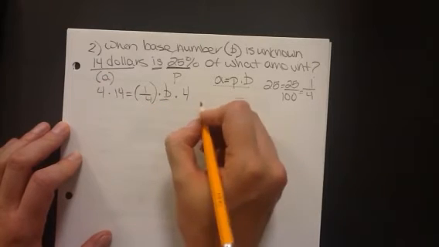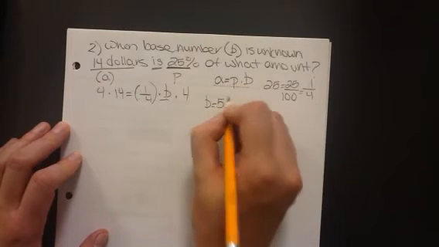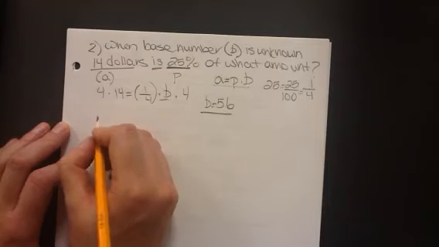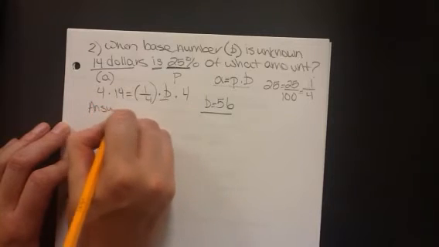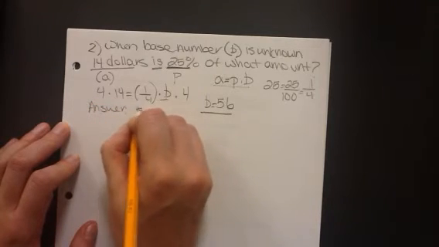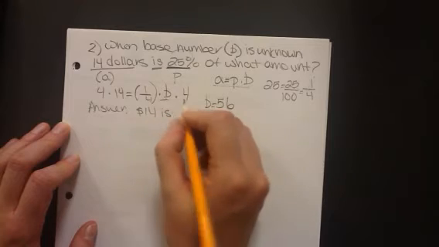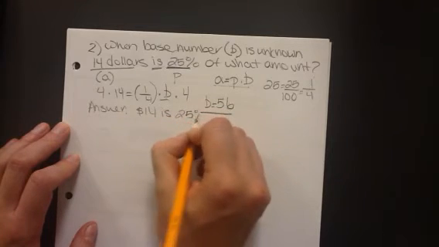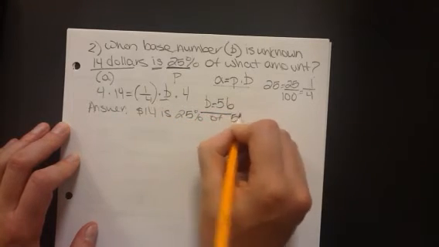So B is equal to 56. Our answer is $14 is 25% of $56.